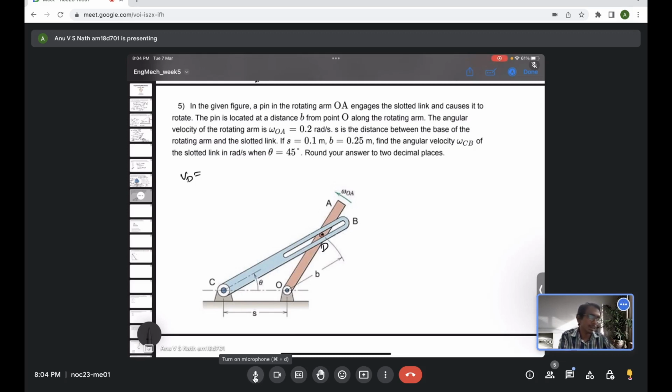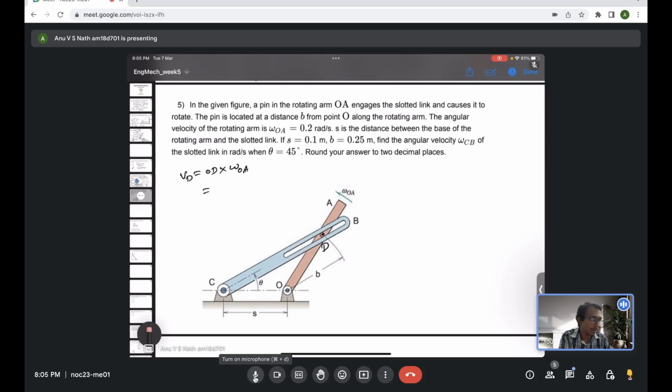So it's the distance OD times the angular velocity of the member OA. OD is given as b, which is 0.25 meter, times the angular velocity, which is 0.2 radian per second. So it is 0.25 times 0.2, which is 0.05 meter per second.